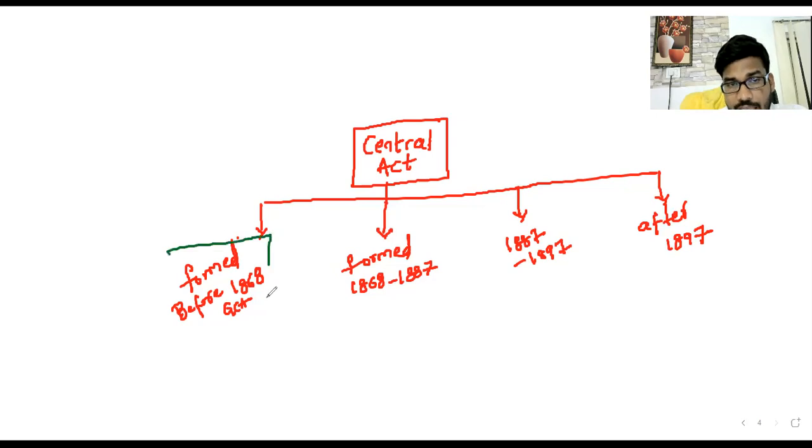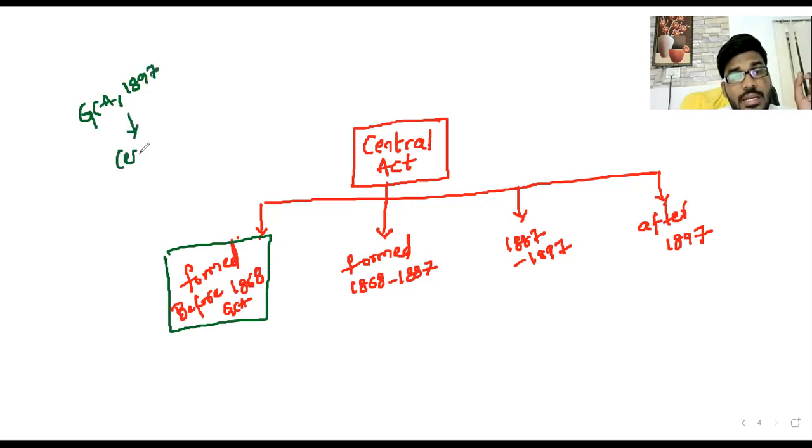So this act is applicable to Central Acts only. The General Clauses Act 1897 is applicable only to what? Central Acts. An act formed by the central government.